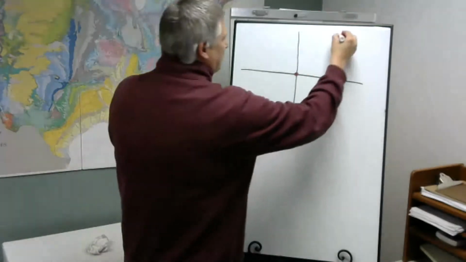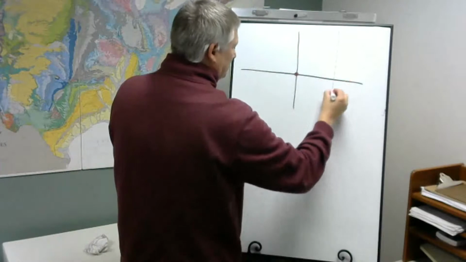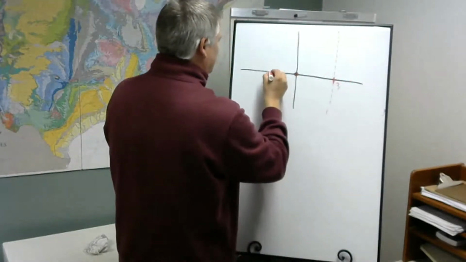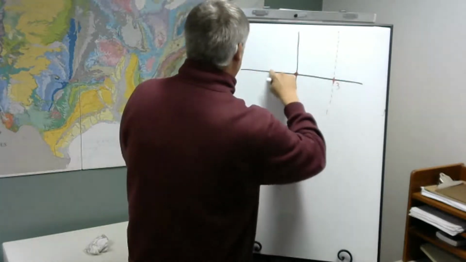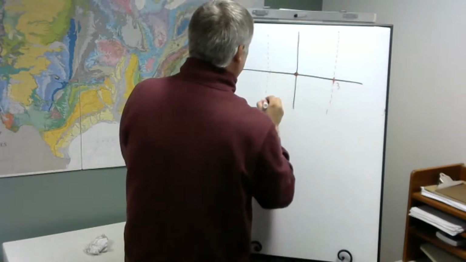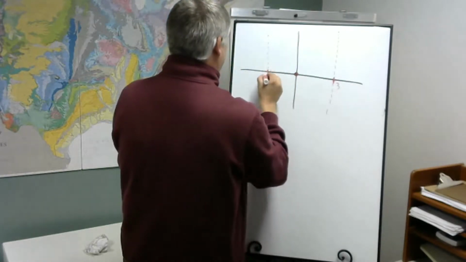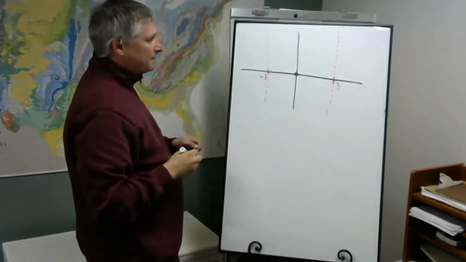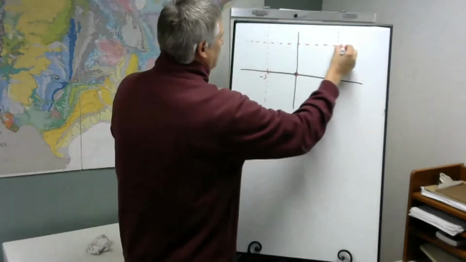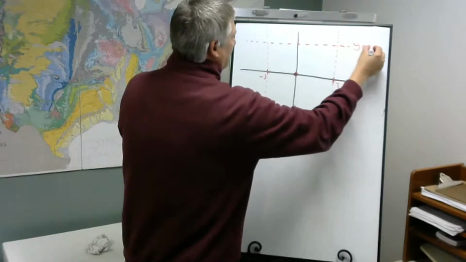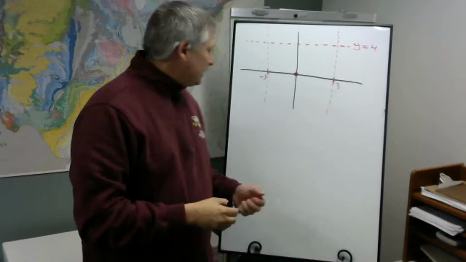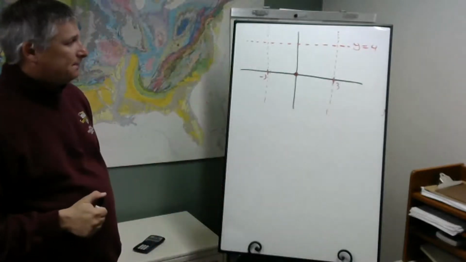We found out that we have vertical asymptotes at x equals 3 and x is negative 3. And that we have a horizontal asymptote of y equals 4. So now we need to look at test points.